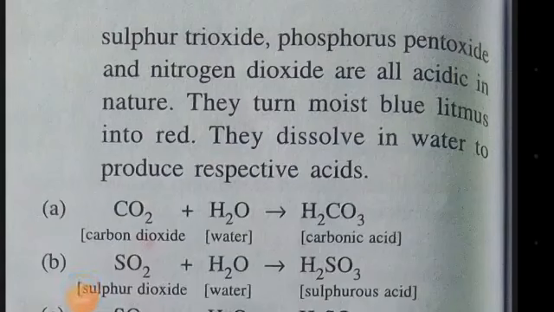So most of the non-metallic oxides like carbon dioxide, sulfur dioxide, sulfur trioxide, phosphorus pentoxide and nitrogen dioxide are all acidic in nature. Metallic oxides are basic in nature, but there are a few oxides which are amphoteric in nature.